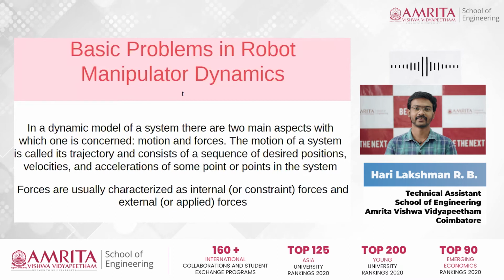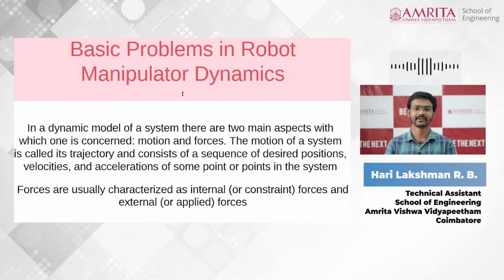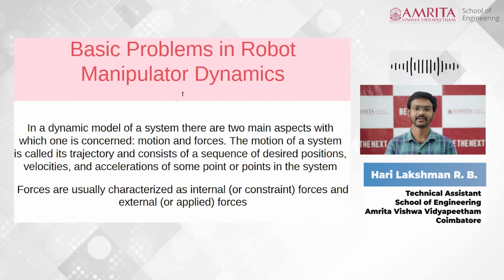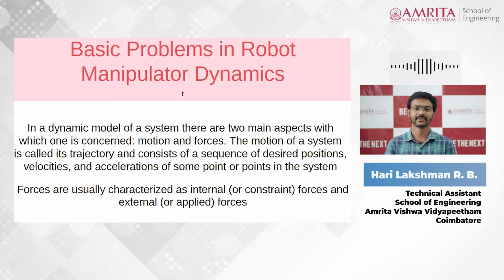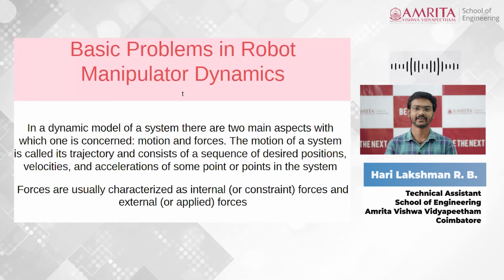Basically, this slide is about the motion and forces. If any one of the information is given, either the motion or the force applied to a robot, we can use that information to determine other aspects, like the configuration of the robot or any other orientation of the robot in an environment.